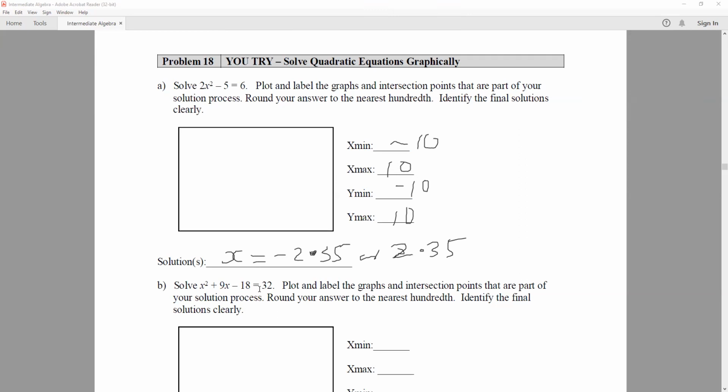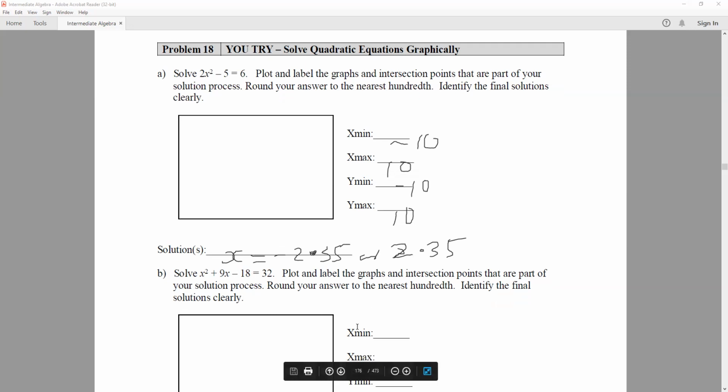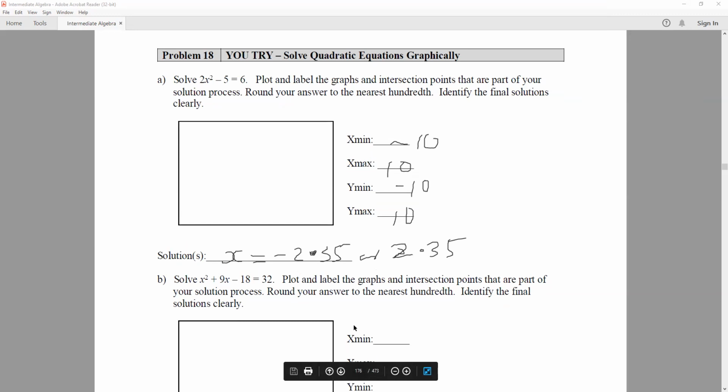If I'm trying to find my window, I know my y should be a little bigger, right? So going back to the calculator, I'm going to switch again. What I'm thinking about now is my window. So let's see what we're going to have. So share screen, change that, go to the calculator.